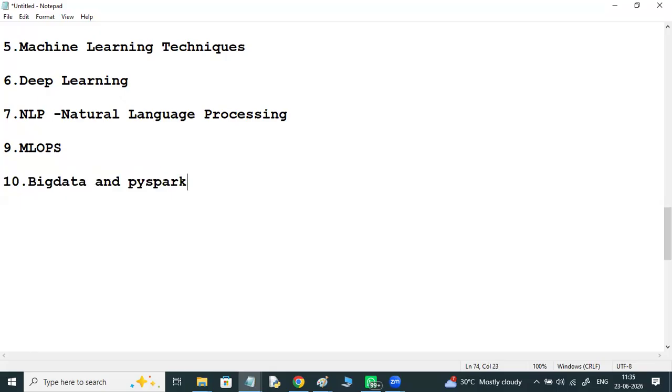And also NLTK, Natural Language Toolkit, and Boltzmann Machine and Autoencoder.